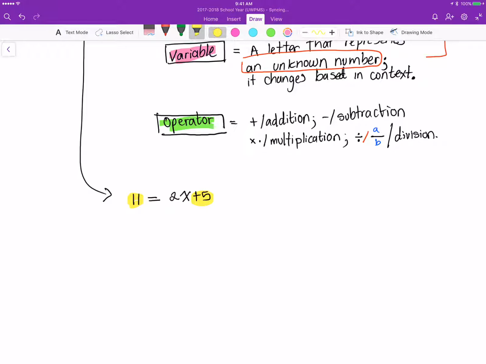And look how over here I color coded the operator. Keep track of signs. Keep a tally of signs.